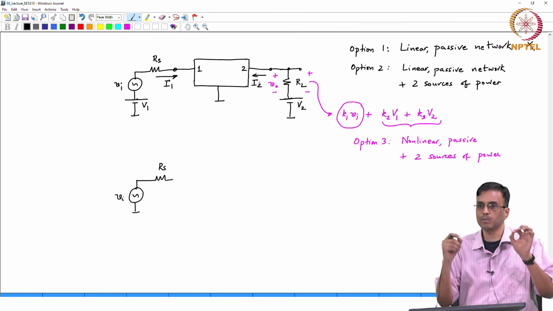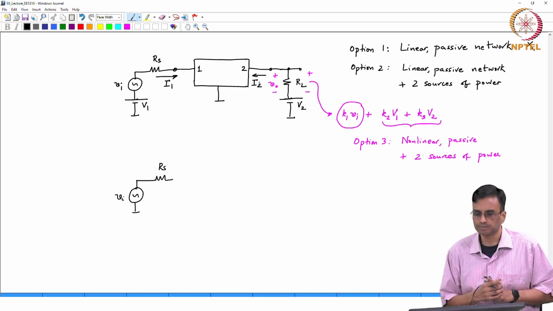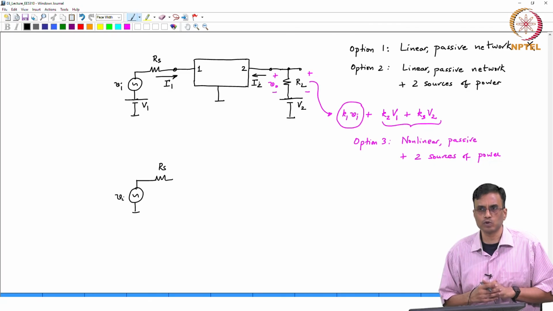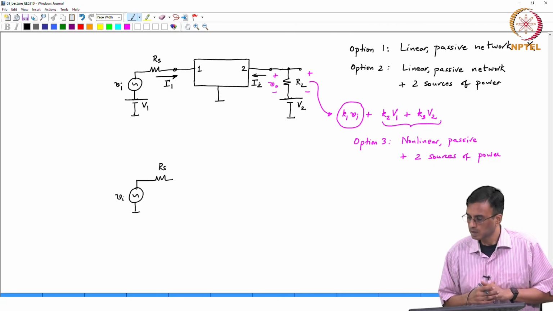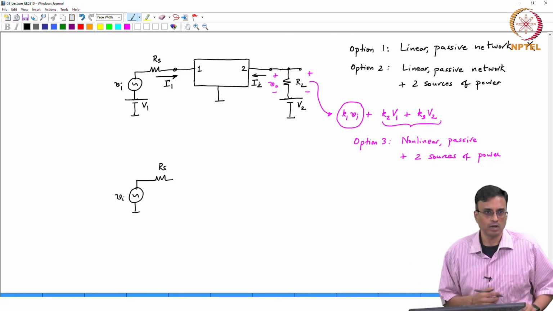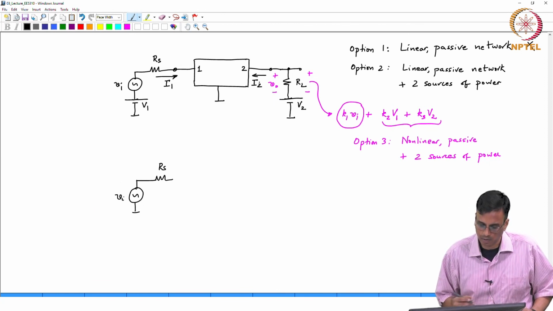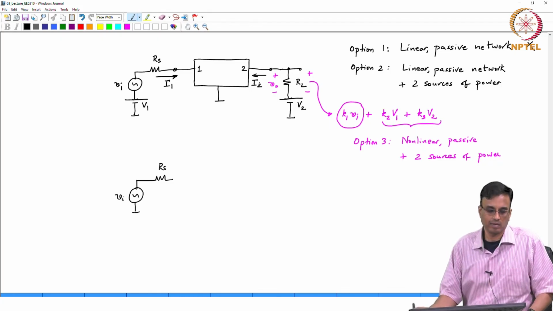So, what is the operating point of the nonlinear 2 port? Capital V1 minus capital I1 times Rs and capital V2 minus capital I2 times RL. So, there is some operating point. Around the operating point, what should you do? You replace this stuff by its incremental model. Okay. So, we will do it tomorrow.